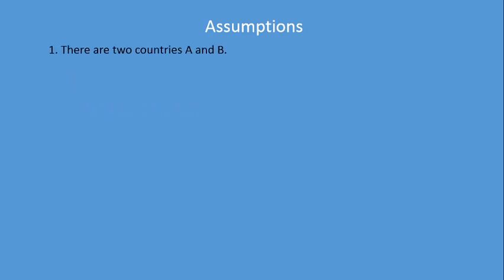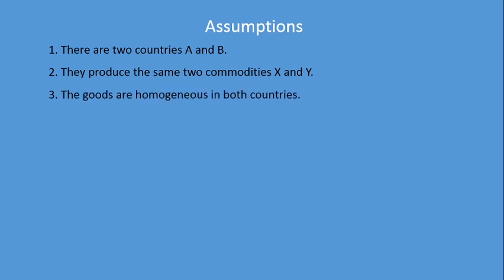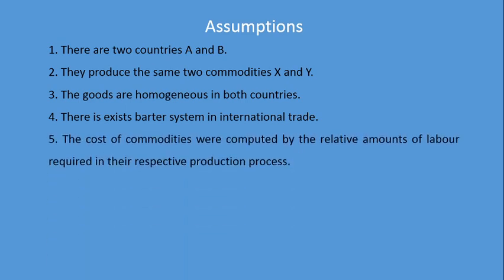First, there are two countries, A and B. Second, they produce the same two commodities, X and Y. Third, the goods are homogeneous in both countries. There exists a barter system in international trade.